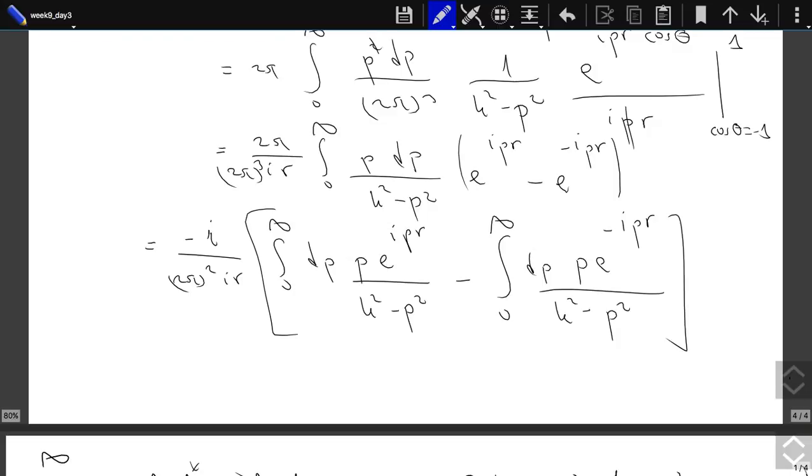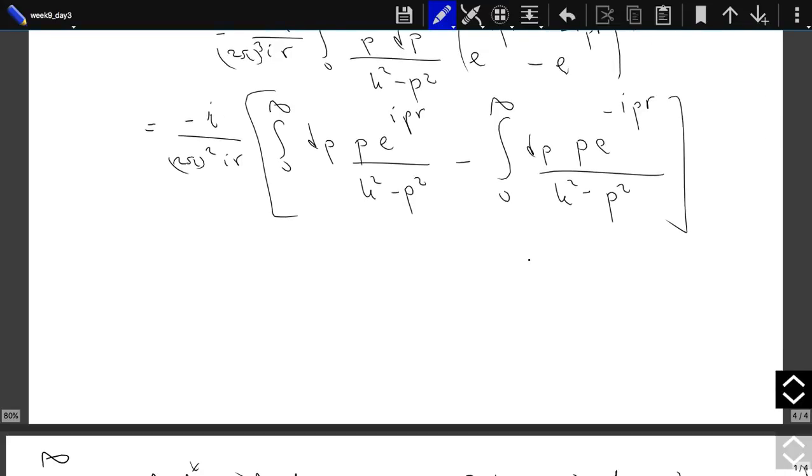Now in the second integral, let's just replace p goes to minus p, so that the integrands will look similar.